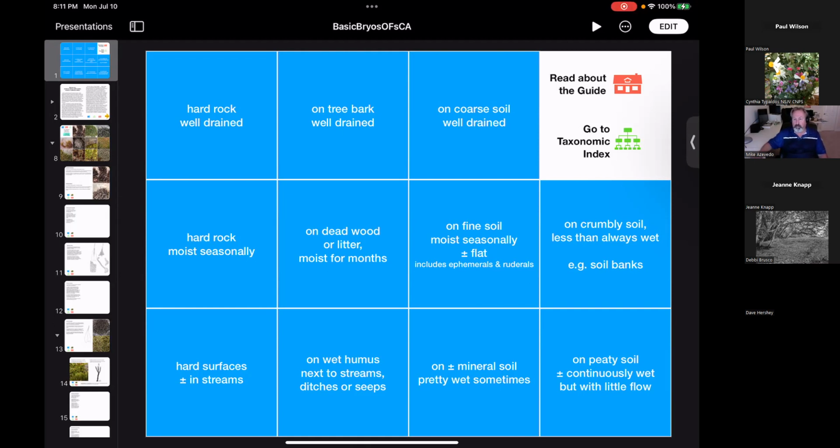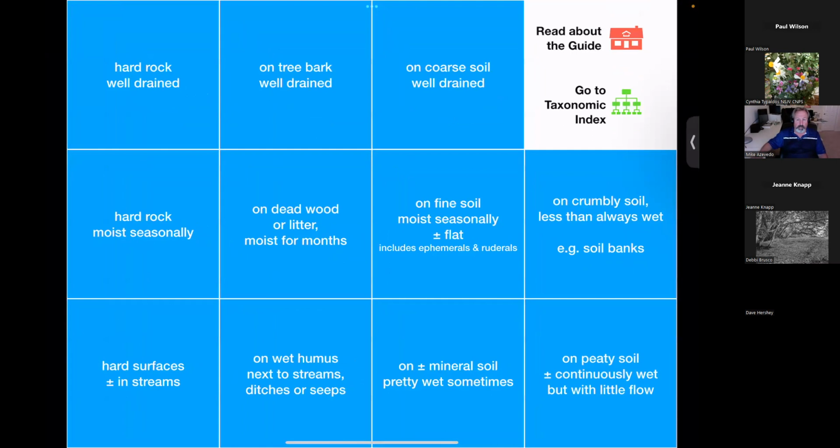And then, how many bryophyte species are there in California or the U.S.? I used to know these numbers. I think there's around 1,000 bryophytes in California. I might be off by a few hundred. And how many different species of mosses are there? There's around 14,000 species of mosses worldwide.